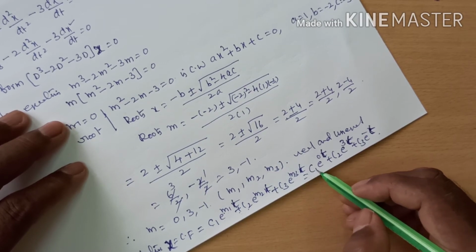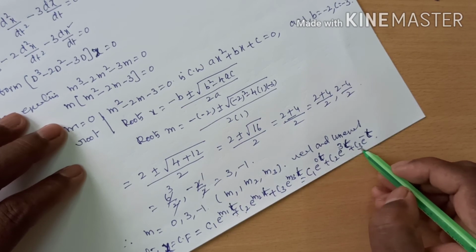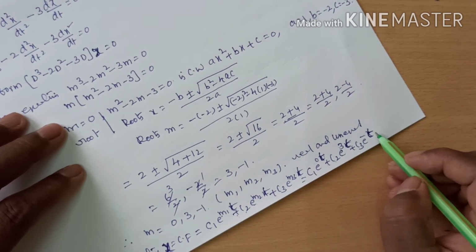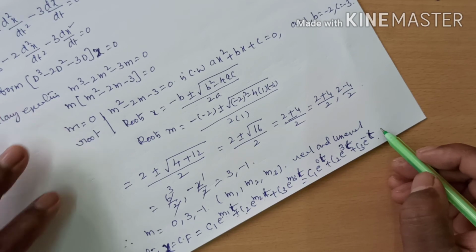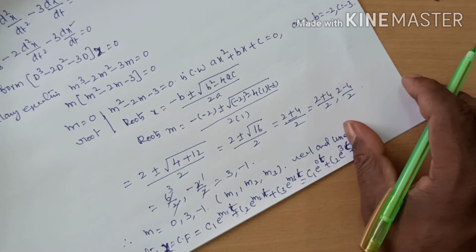Instead of x, you write t here. Here the problem has dx by dt instead of dy by dx. Therefore, instead of y equals CF, you write x equals CF, and instead of e to the power of x, you write e to the power of t. That is the difference between the dy by dx problem and the dx by dt problem. Therefore, x equals C1 e to the power 0t plus C2 e to the power 3t plus C3 e to the power of minus t, which is the solution for the third order differential equation.